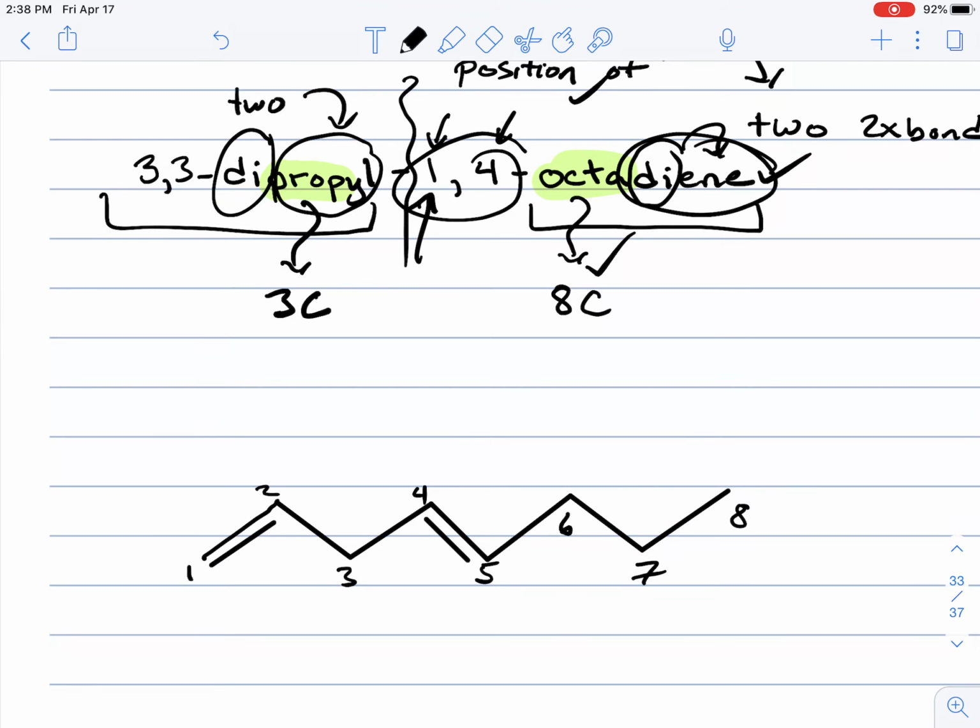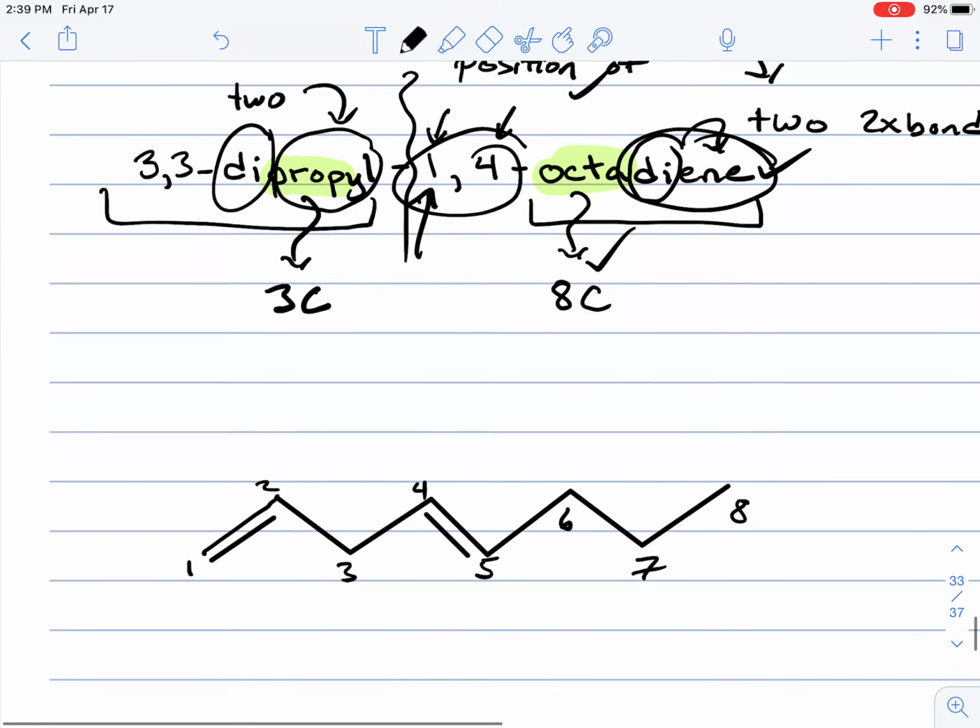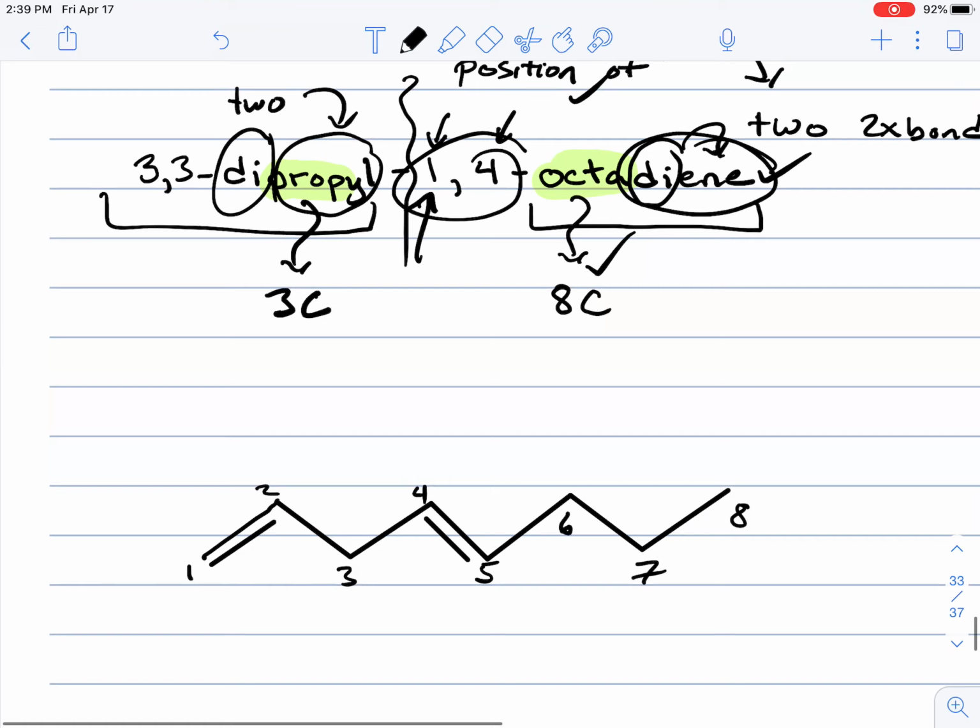So let's look and see how that works. So on the 3rd carbon, we have a propyl. So 1, that's 1 right here, 2, and 3. Okay.